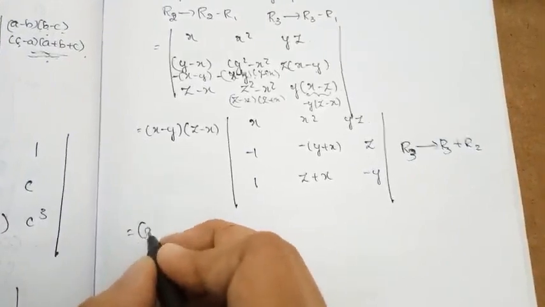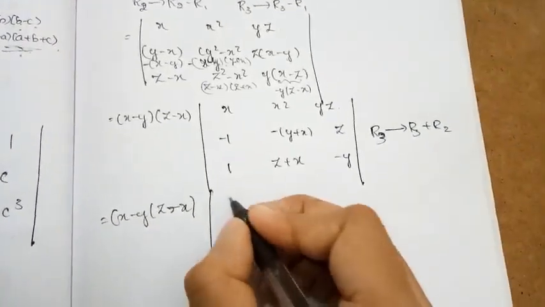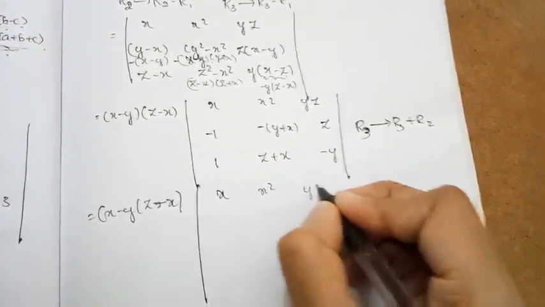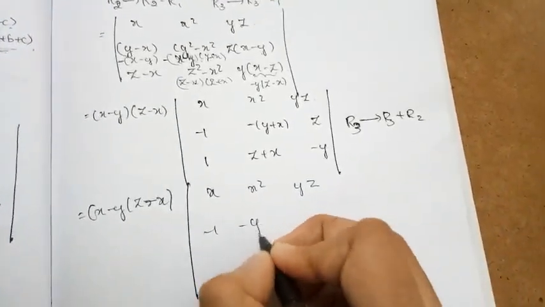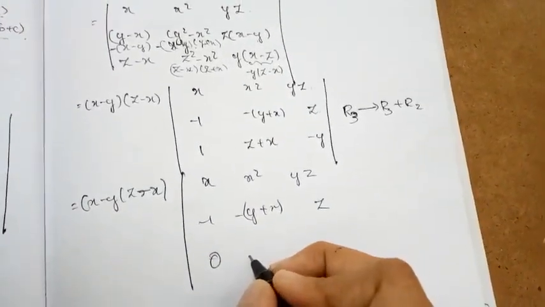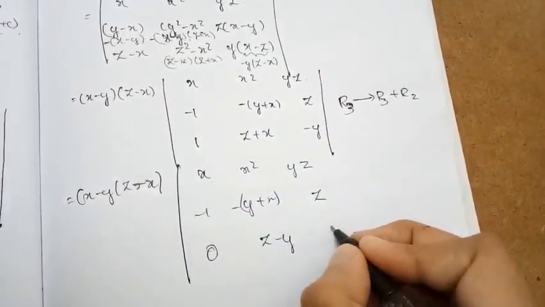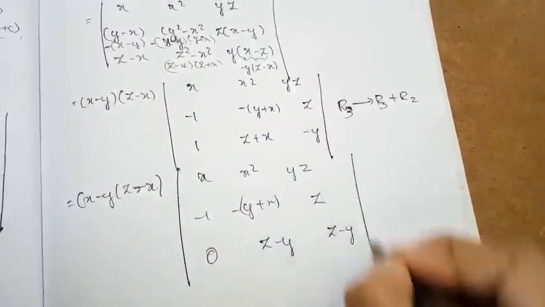At that time it becomes x minus y, z minus x, x square, y, z. Second row will be as it is, and this becomes 0, and this becomes z minus y, and this one also becomes z minus y.